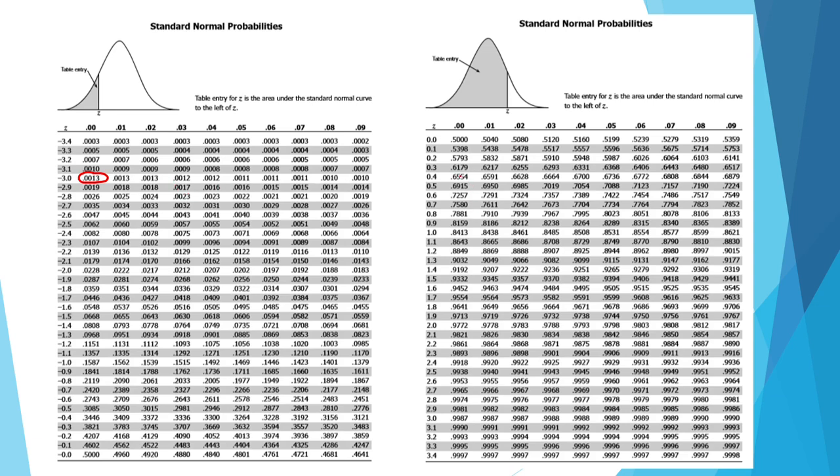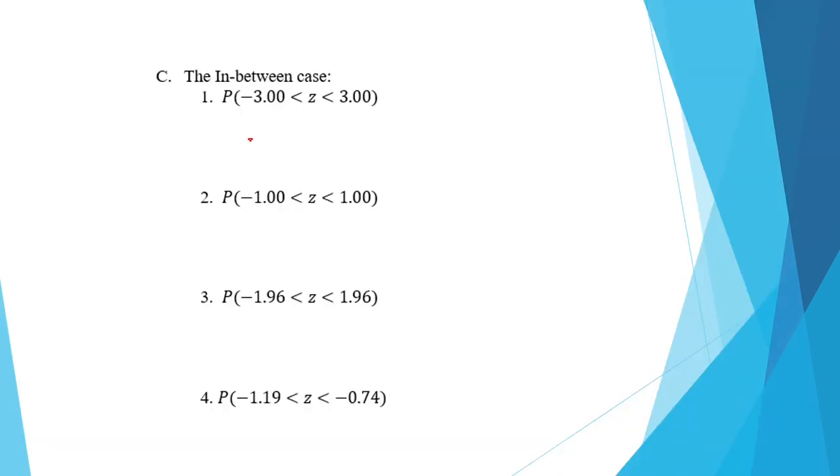And we'll look at positive 3.00, and that's going to give us an area of 0.9987. We will take 0.9987 and subtract 0.0013. This gives us the area between these two numbers as 0.9974.